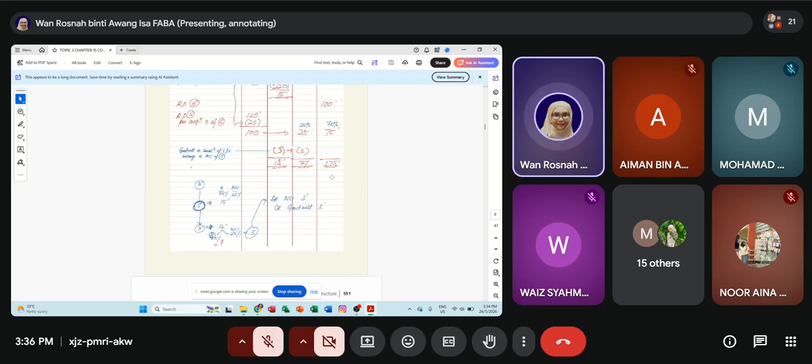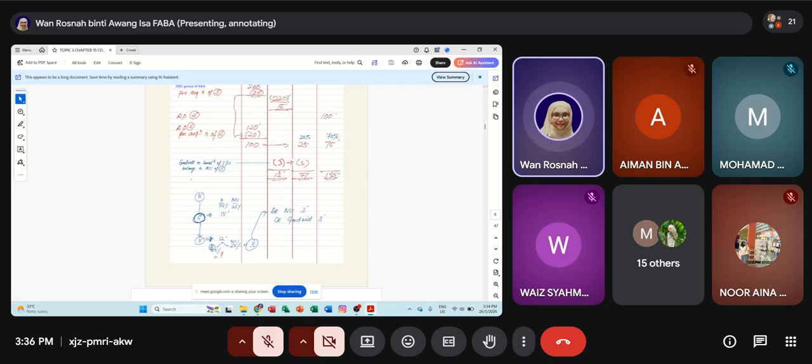Okay, basically, the goodwill on consolidation of S and X belongs to an NCI of S, which is 25%.